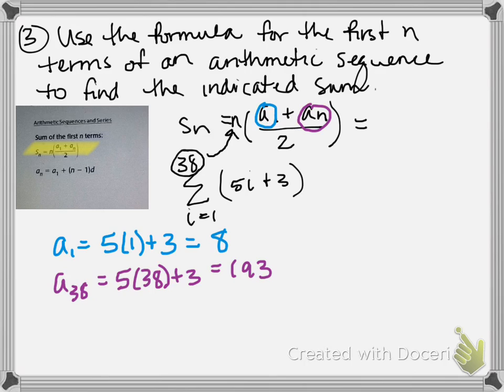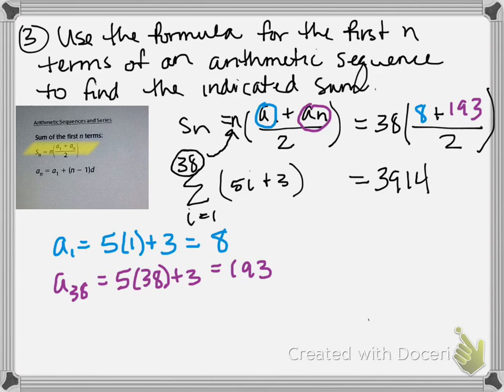I get n, which is 38, times a sub 1, which is 8, plus a sub n, which is 193, all over 2. I get 3,914. So the sum of the first 38 terms in this sequence is going to be 3,914.